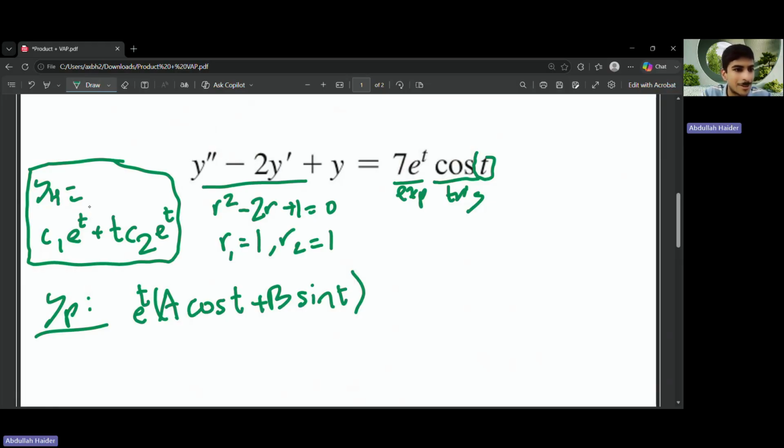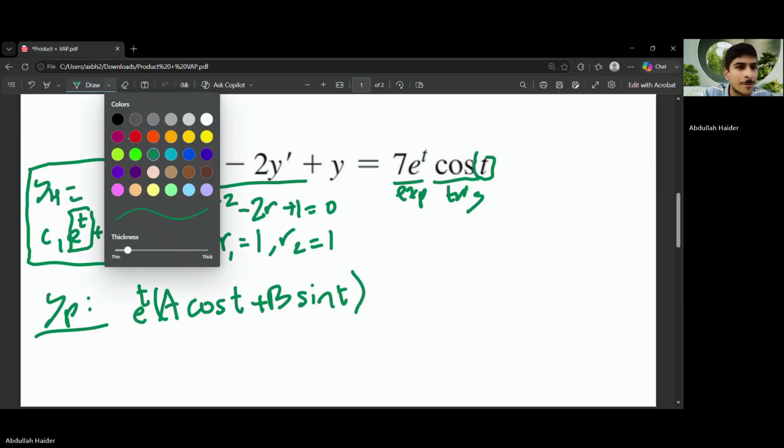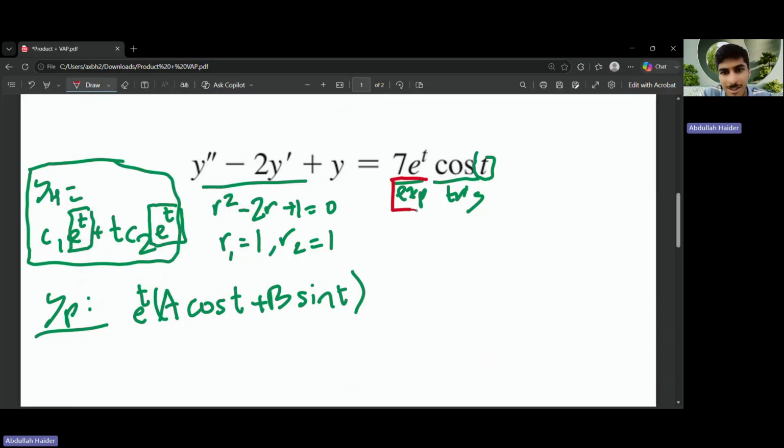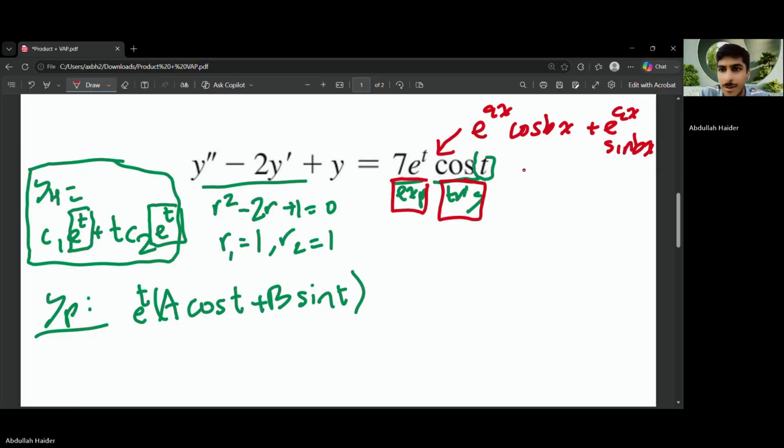Now, here, for some reason, if you think that you should check YH, the homogeneous solution, and the right-hand side, it will not give you a correct answer. Only for this scenario, when you have exponential and trigonometric, there's a special case you need to consider. If we write this as e^(ax) cosine bx plus e^(ax) sine bx, we can see that our a in this case is 1 and our b is 1.